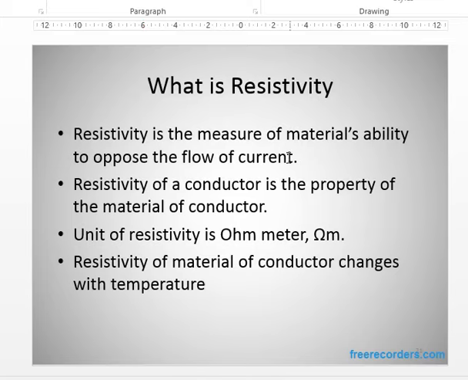There is a property called resistivity. Resistivity is a measure of a material's ability to oppose the flow of current. Resistance has a property which is resistivity. The unit of resistivity is ohm meter. So here we learn what resistivity is.